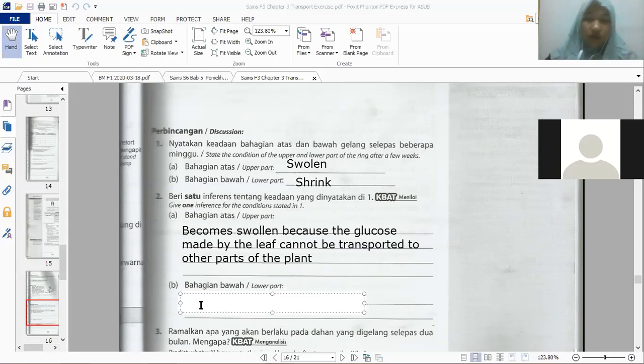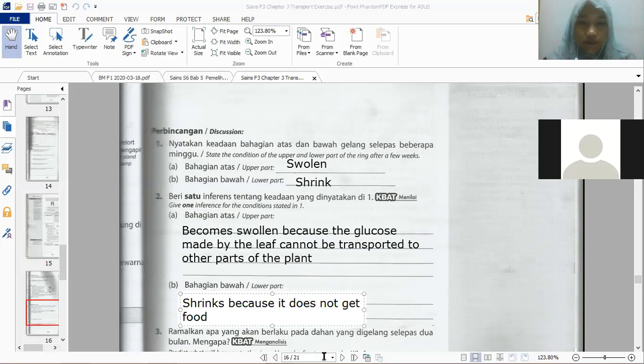So here you can say shrink because it does not get. Okay, or you can say here glucose juga. Boleh? Faham? So this one you kata shrink because it does not get food.